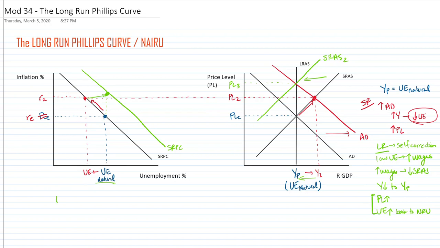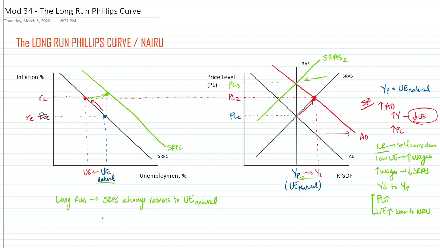So what we can begin to say is that in the long run, this SRPC always returns to the natural rate of unemployment, or to that starting rate of unemployment.